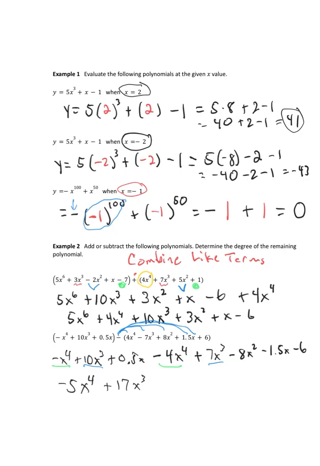Got the x squared term, nothing to combine it with, so that would just be negative 8x squared. And then you got the x's. So 0.5 minus 1.5 would be negative 1x, or in that case I could just write negative x. And then finally the last one, minus 6.